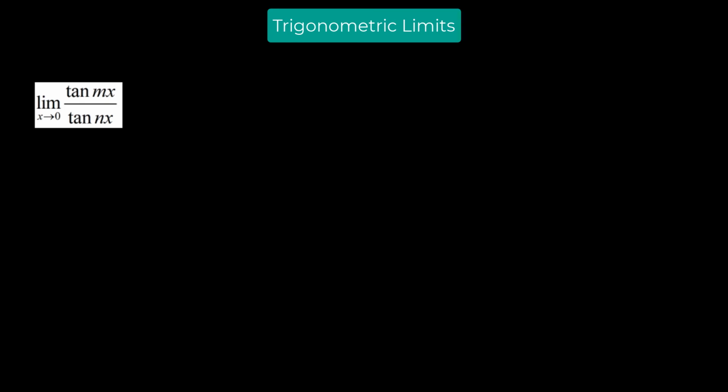So here we have a function given by tan mx divided by tan nx, and we need to figure out the limiting value when x tends to 0. So we will begin by rewriting our given function as tan mx over mx. So mx being an extra term, we have to multiply it, and we have tan nx in the denominator, so we're going to multiply by nx and divide by nx.